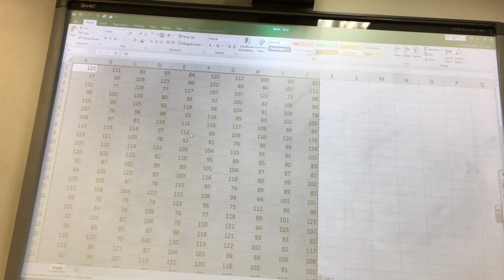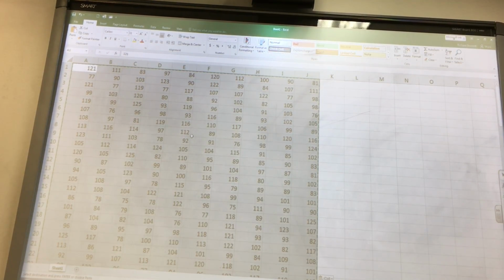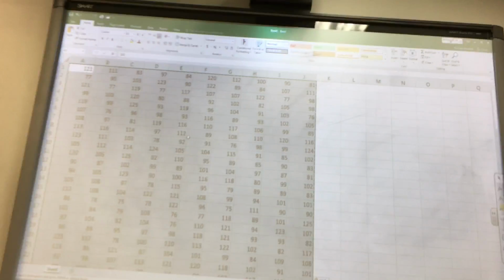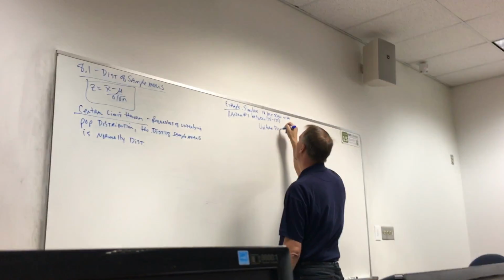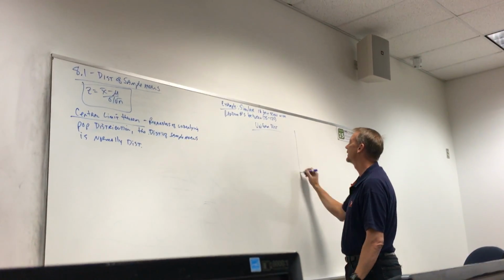Remember at the beginning of the week, I told you there was a distribution that you were going to forget, and you've already forgotten it. The rectangle one, what's it called? Uniform distribution. So this is a uniform distribution. What does a uniform distribution look like? Somebody said it already. Looks like a rectangle.